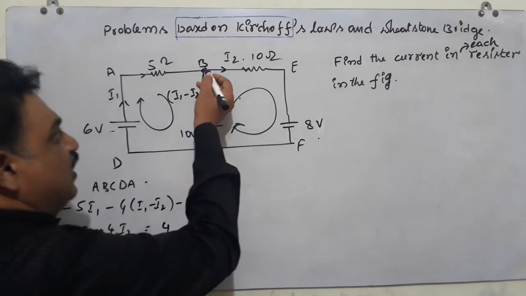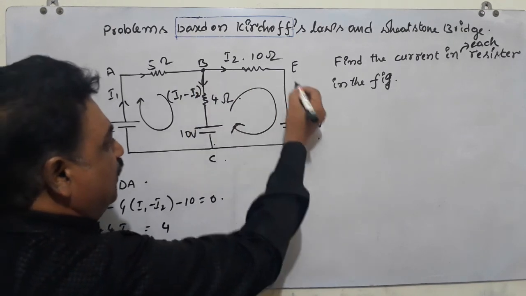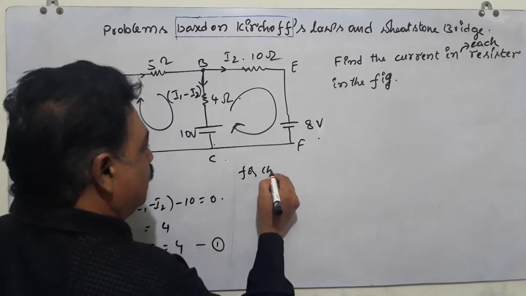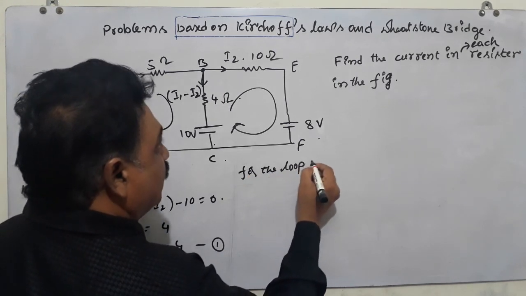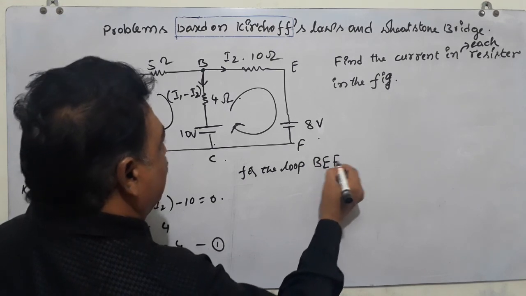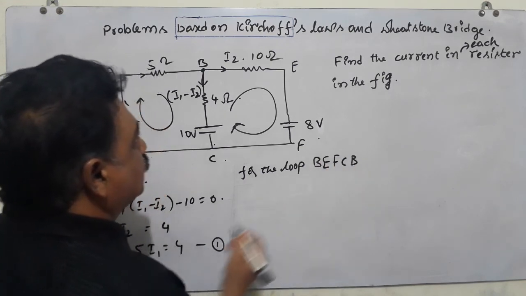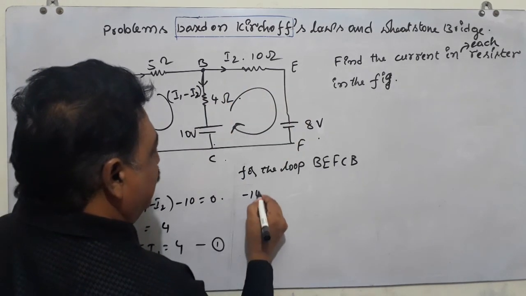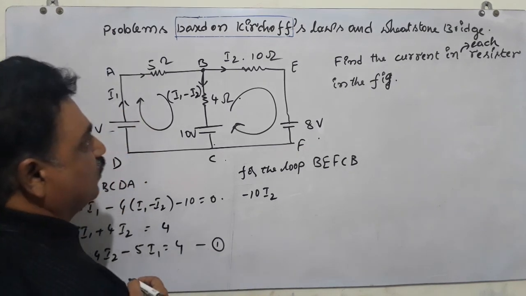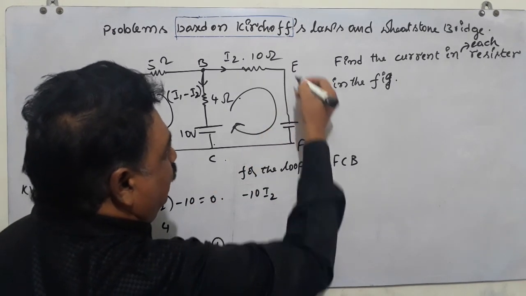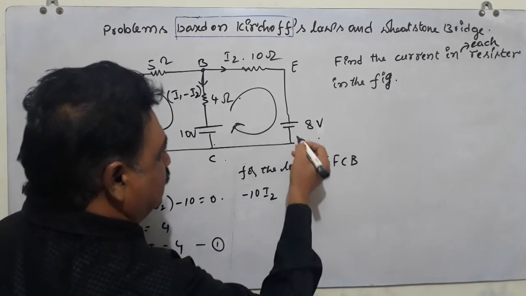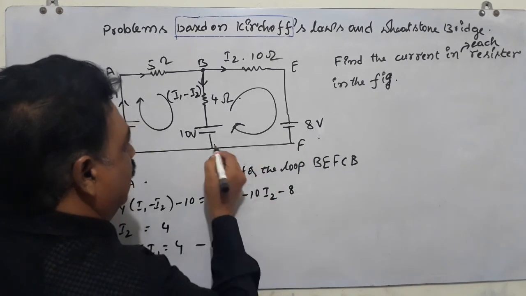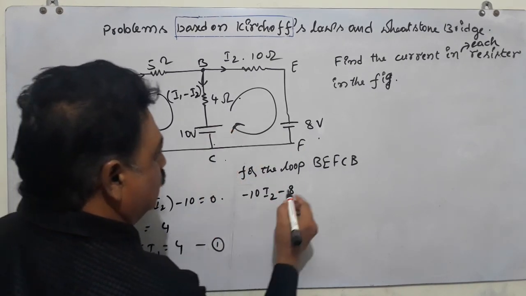And now I am applying this KVL for the loop BEFCB. As you are moving in the direction of current, minus 10I2. As you are moving from E to F, from positive to negative, minus 8. And here you are moving from negative to positive, plus 10.